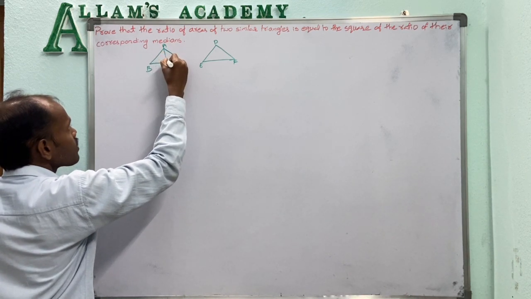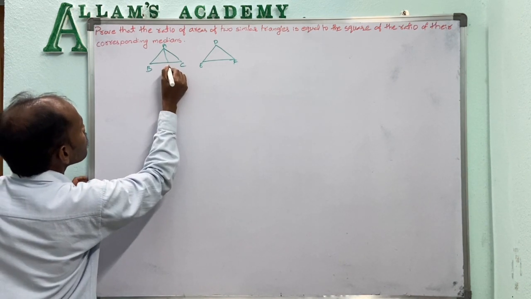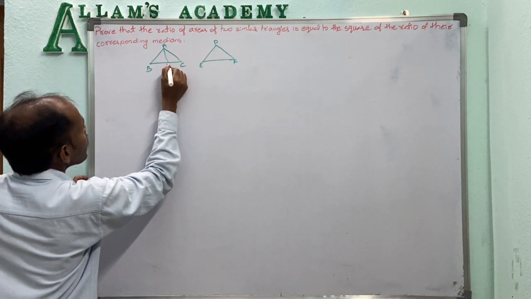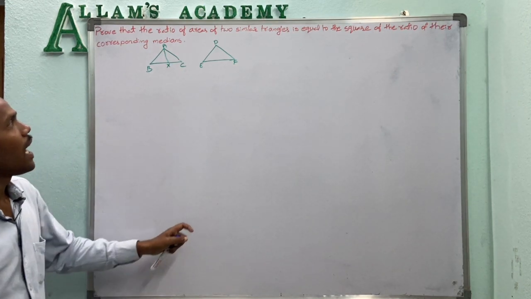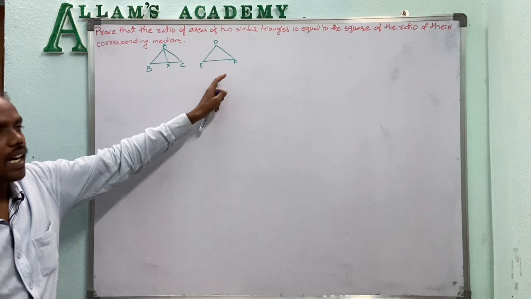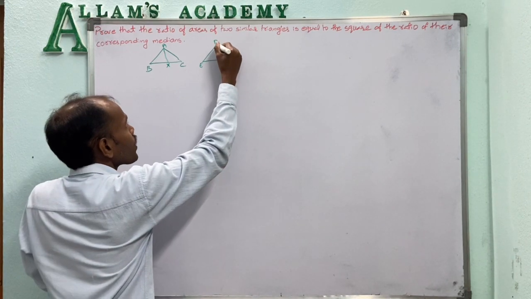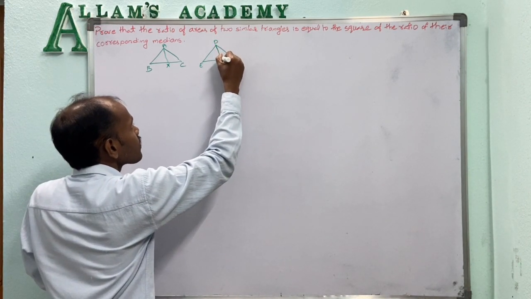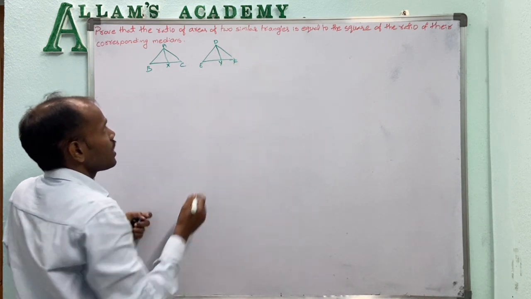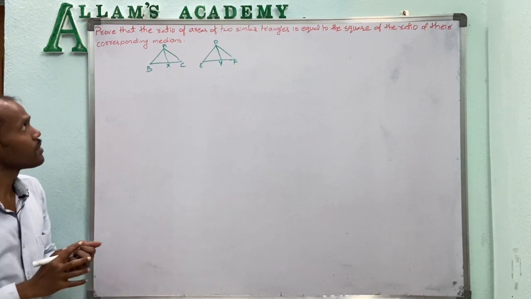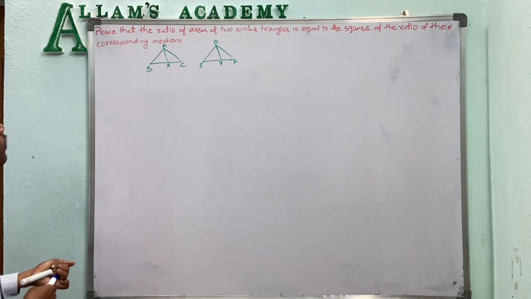ABC triangle's median is AX, and DEF triangle's median from D is DY.